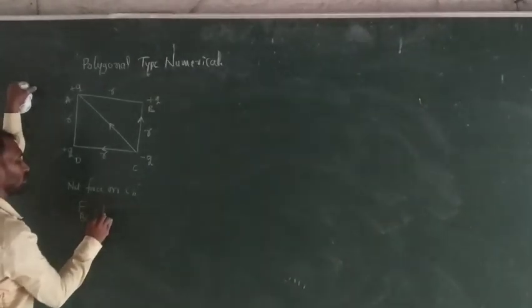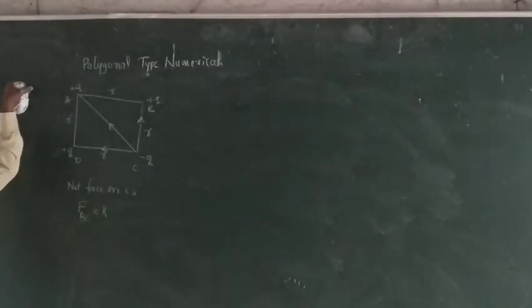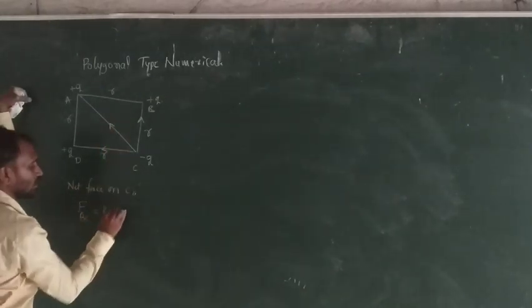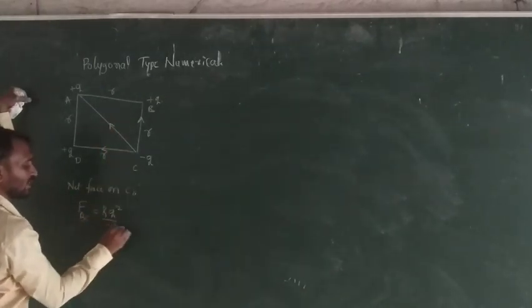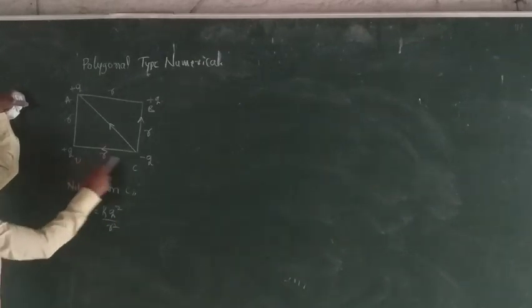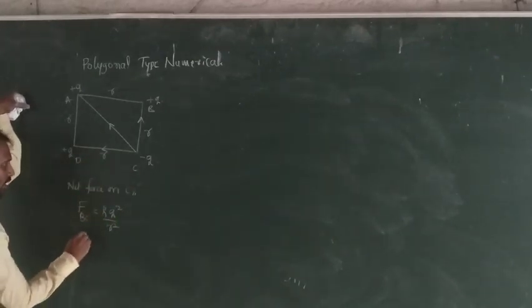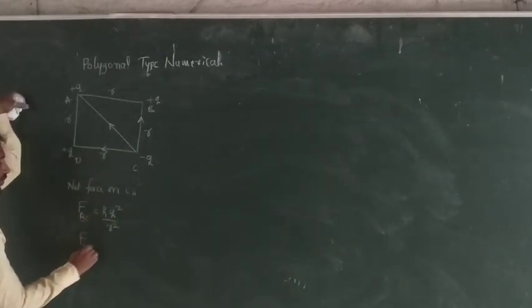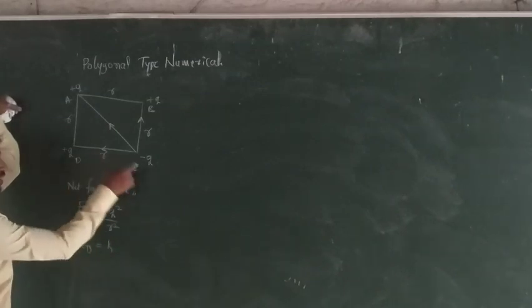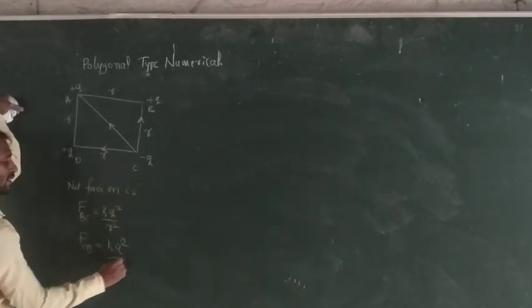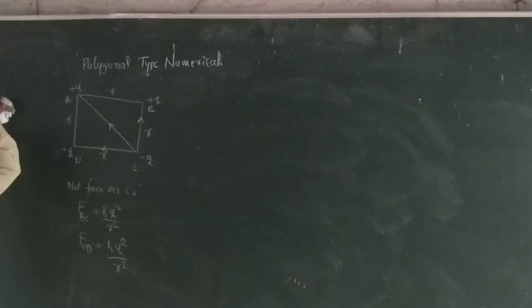FBC means Coulomb constant K and charges q square, separated by distance r square, and for these two charges in between, force FCD. K is the Coulomb constant, product is q square and distance is r square.